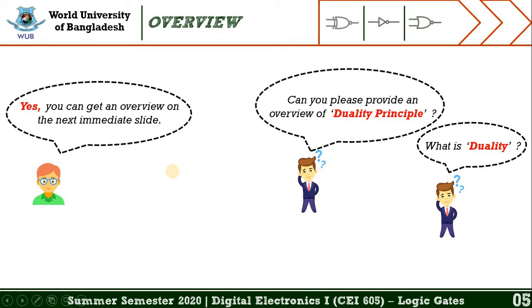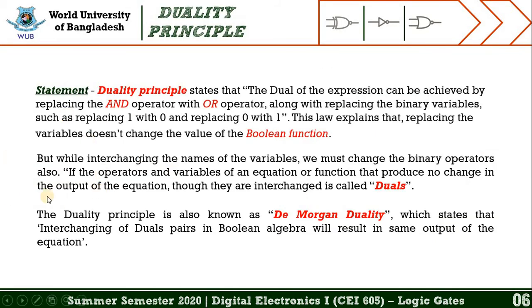A question may arise in your mind: what is duality and what is the duality principle? So here is your answer. Start with the statement of the duality principle, which states that the dual of an expression can be achieved by replacing the AND operator with the OR operator, along with replacing the binary variables, such as replacing 1 with 0 and replacing 0 with 1.